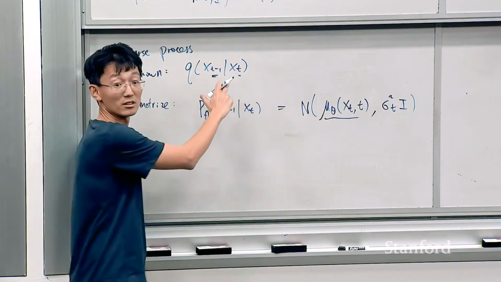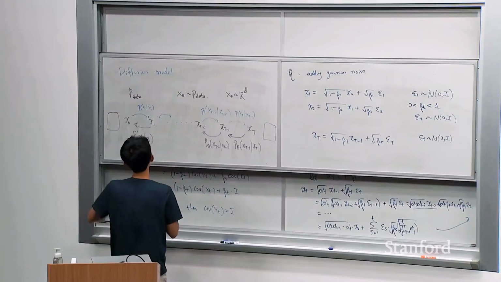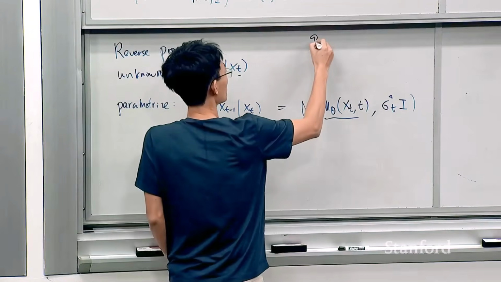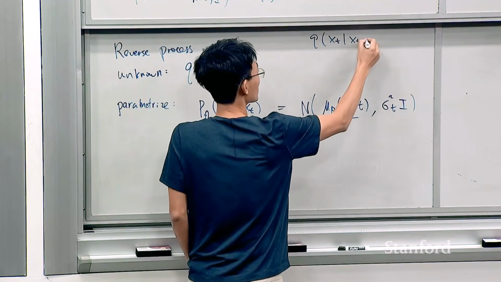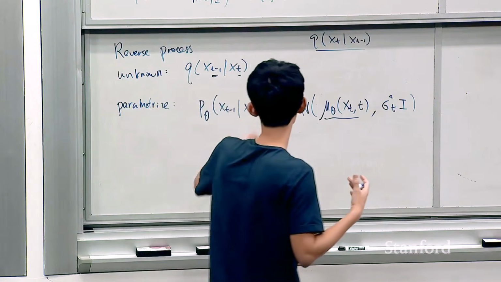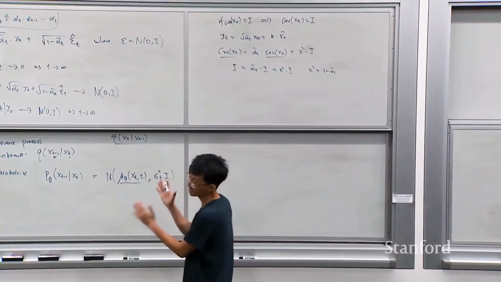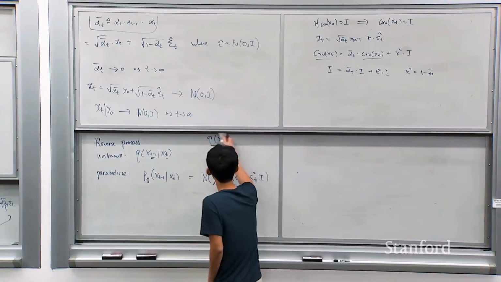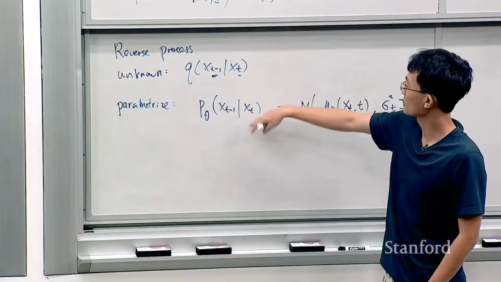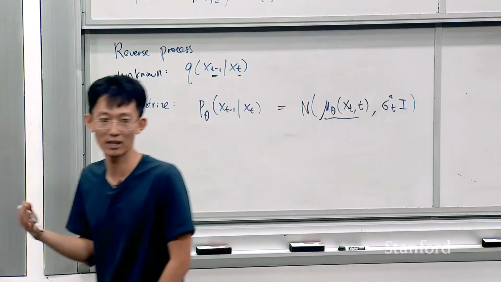The forward process is q(xt given xt-1). You use a smaller index to get to a larger index; that's the noising process. The reverse process is given a noisier image, and you try to denoise it. So all the reverse things have this type signature: you are given an image with a bigger index, and you are trying to reconstruct an image with a smaller index, which is supposed to be cleaner.